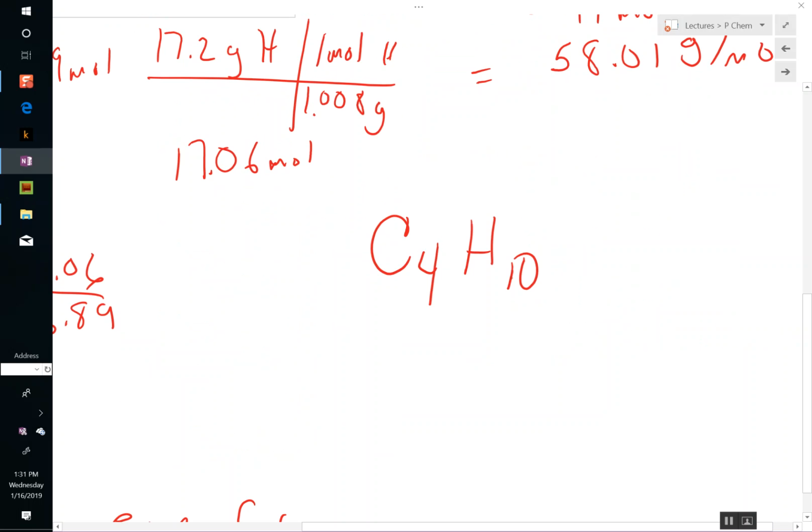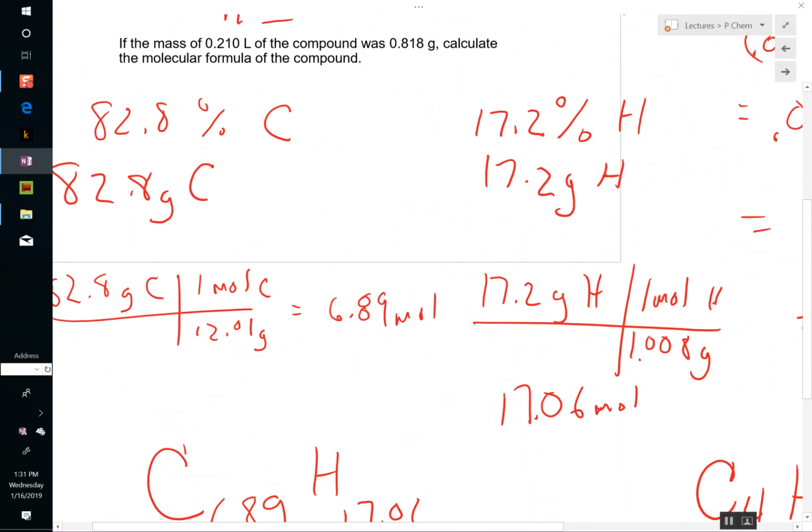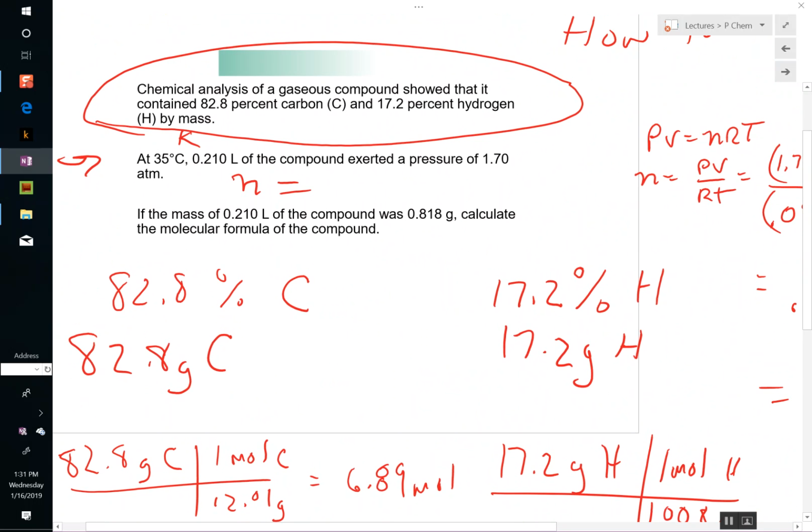C4H10, that's the molecular formula. And what else did it ask us? Is that it? So that's just like a different way of finding it, not using that equation that they gave. We could have used the equation that they gave us and plugged everything in. We weren't given density. Oh, well, you could have calculated it by grams over liters in the last part. Yeah, I did it all in one line. You could have done it another way. I did it this way too, but you didn't really need that to pick moles. Okay, so you were working off of density.